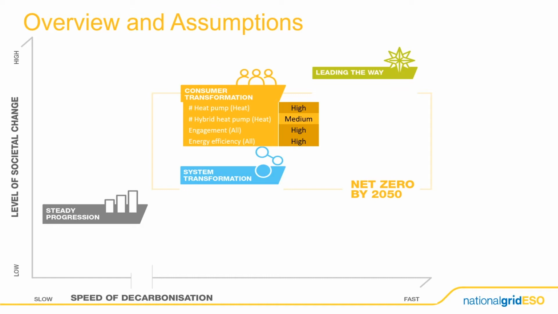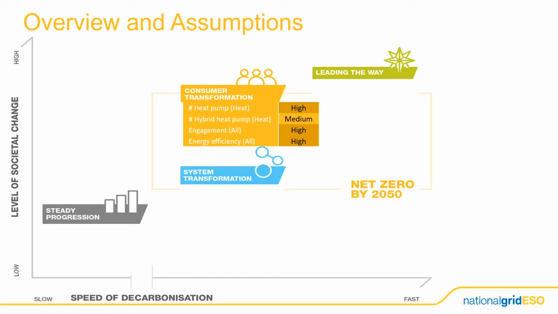Heat pump uptake in this scenario is also set high, and this aligns very well with high levels of appliance efficiencies, as heat pumps are generally more efficient than boilers. Because this is a high societal change scenario, we also assume consumers' engagement with their energy will be high as a result of greater uptake of time of use tariffs and energy storage to help manage peaks.